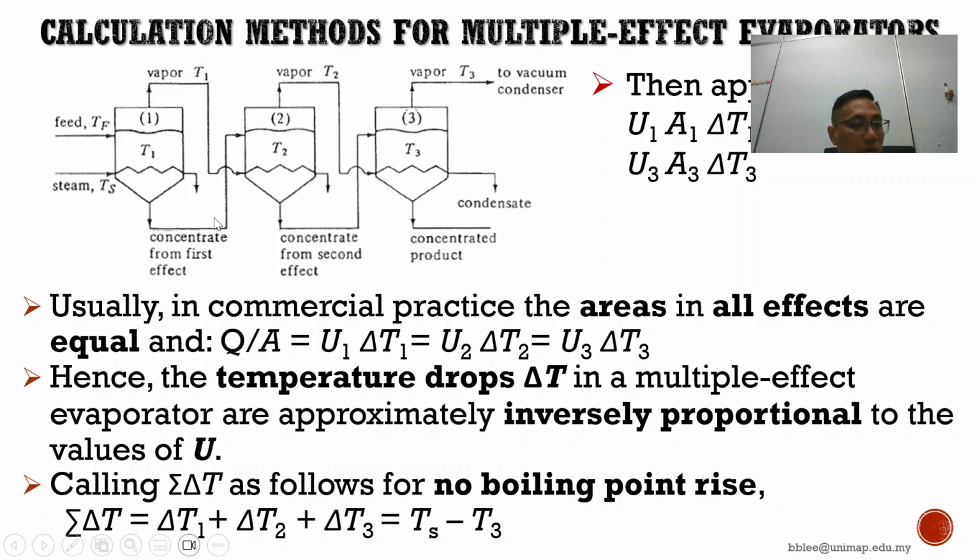W1 is here, W2, W3. Steam condensation per hour in the first effect, so this one is WS here.